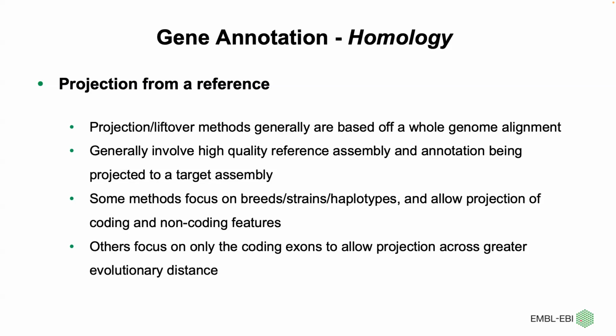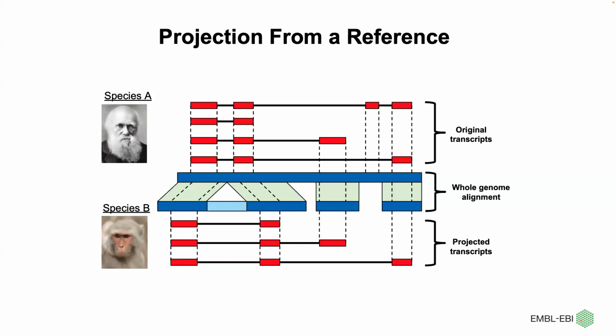Some of these methods focus on breeds, strains, or haplotypes and allow projection of coding and non-coding features both, while others focus only on the coding exons to allow projection across greater evolutionary distance. And this is just a pictorial representation of how a projection from a reference looks. The original transcripts are projected to the target genome using whole genome alignments.